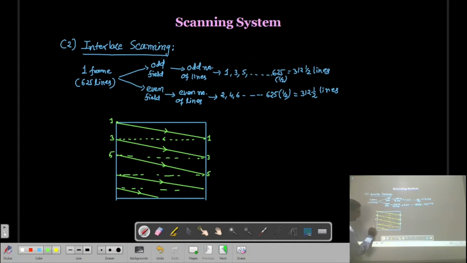The last line will be 625, but it is not complete. Half of the line is here. So the odd field is going to be completed. After completing this odd field, the even field is going to start. And how will it start?